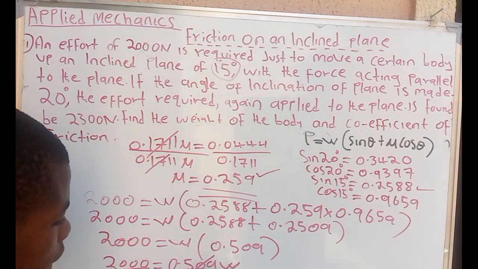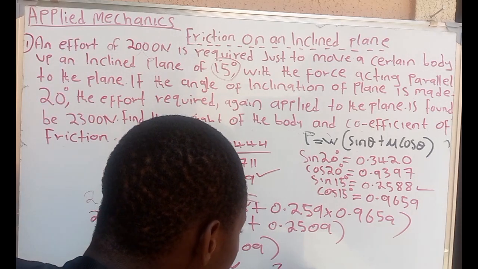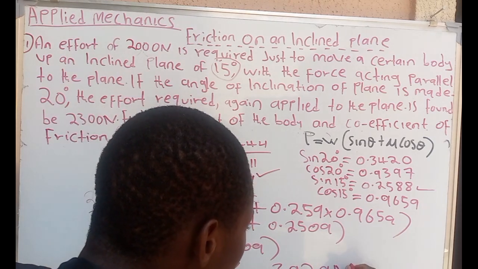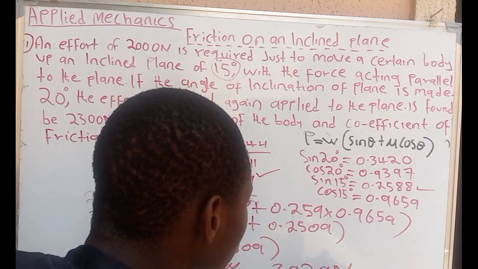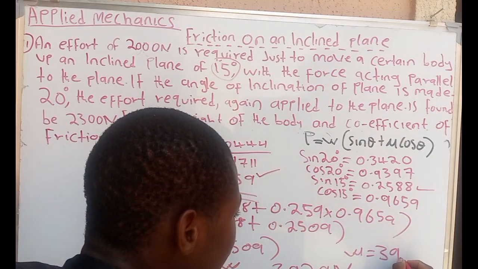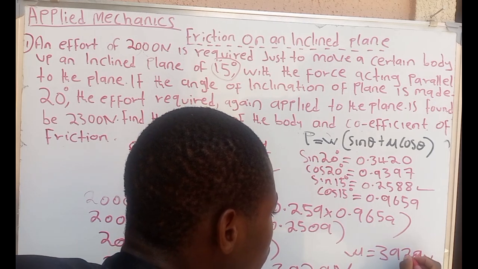This will cancel, and we'll end up having 2000 over 0.509, which is 3,929 newtons. So this is the final value for W. W is equal to 3,929 newtons.